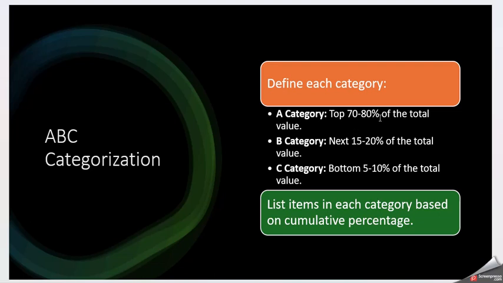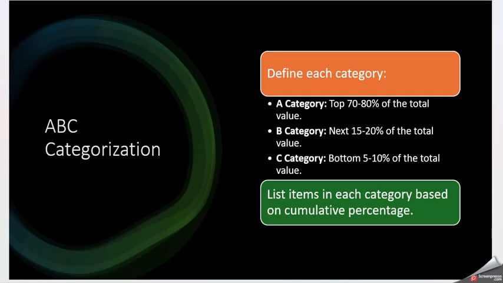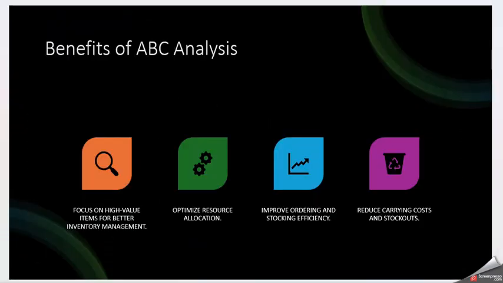Okay, so as I mentioned, this is the category you can look at for making. So the benefit is focusing on high value items for better inventory management. So when I'm focusing on the inventory, focus more on where you have high value items, and this also helps you to understand whether you really want to load or store those items in your inventory.